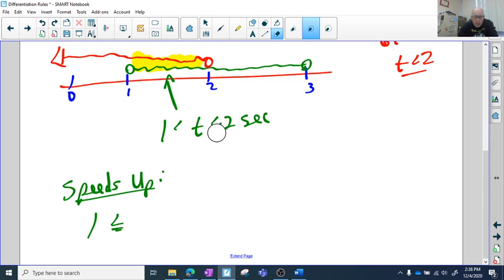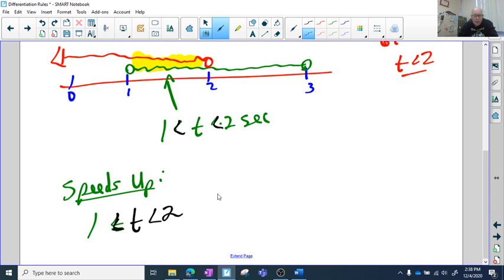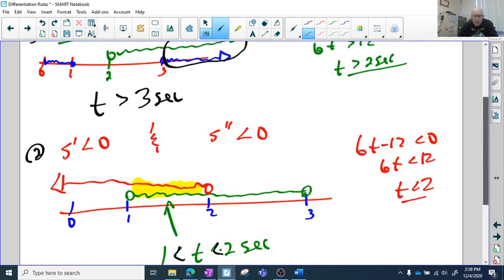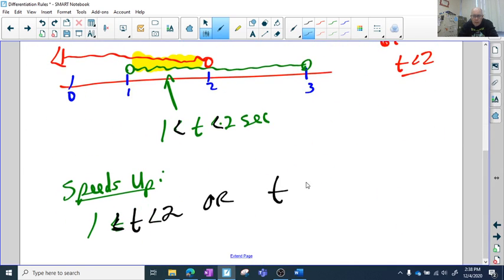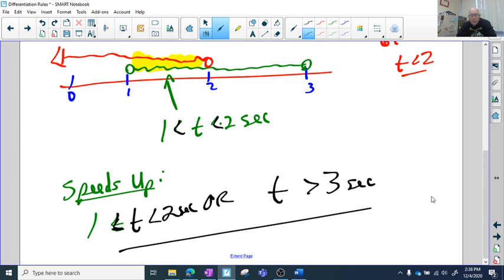We mentioned that earlier. I didn't have you guys to fix me here. So this should be just less than, no equal sign. So 1 is less than t is less than 2, or the other one over here was any time greater than 3 seconds. This is in seconds. There's where it's speeding up.